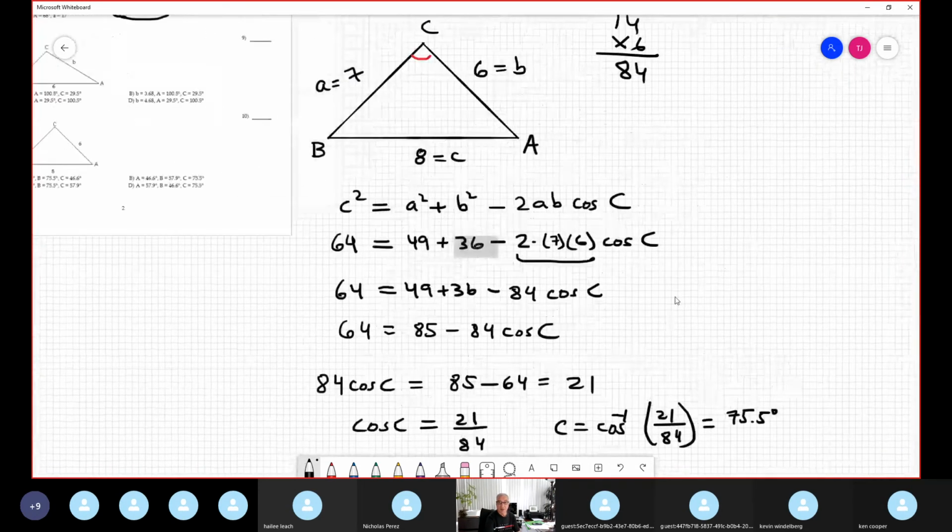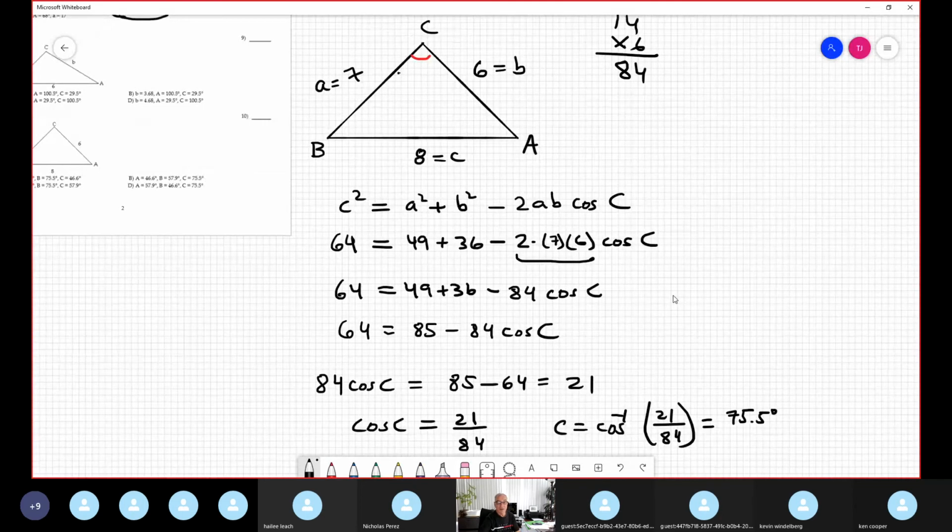By the way, it's the red one, 75.5 degrees. I need to find another angle. The easy way, you can apply the law of cosine again, of course you can. But I hate the law of cosine because it's a complicated equation. I love the law of sine, the easier equation. So I take sine 75.5 degrees divided by 8, because the opposite side is 8. It's equal to, for example, sine A divided by 7.